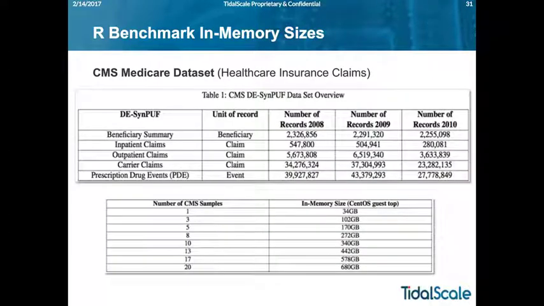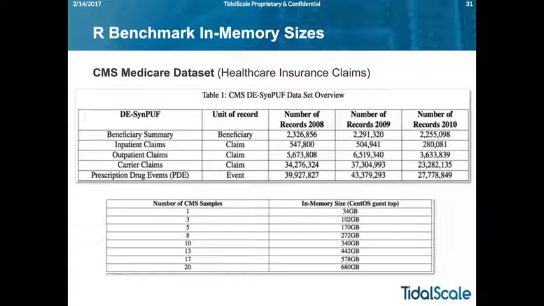And here you see that same view. If you look at this across the board, going to CMS Sample Size 20, we've got the different sizes of the areas of the CMS data set: the beneficiary summaries, the inpatient claims, outpatient carrier claims, the drug events, and those are the record totals for the 3 years. And those are the CMS samples.